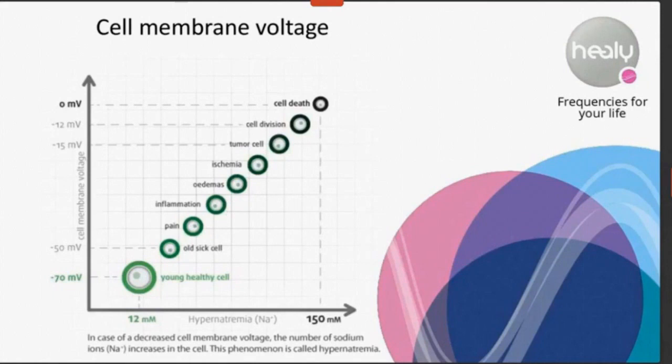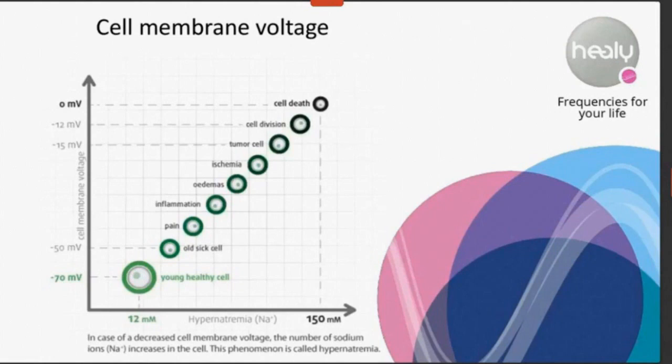So if that negative cell membrane voltage is stable, the cell can properly communicate with its environment. However, if the cell membrane voltage, and you see this in this picture, is decreasing, going towards zero, the cell is not properly communicating with its environment.